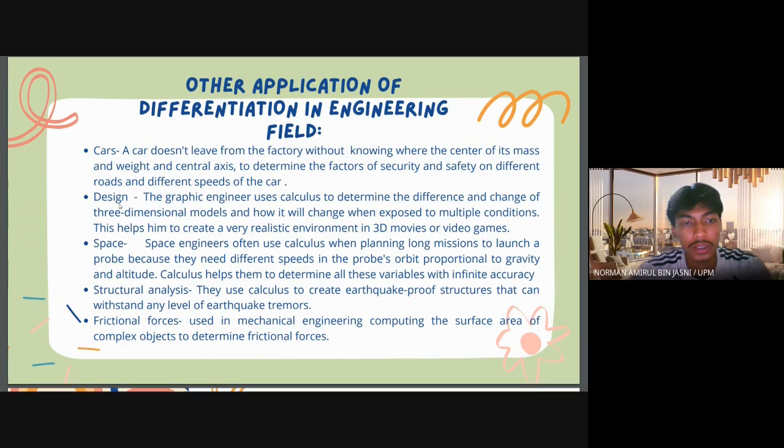Then it is used in designing. The graphic engineer uses calculus to determine the difference and change of three-dimensional models and how they will change when exposed to multiple conditions. This helps them create a very realistic environment in 3D movies or video games.